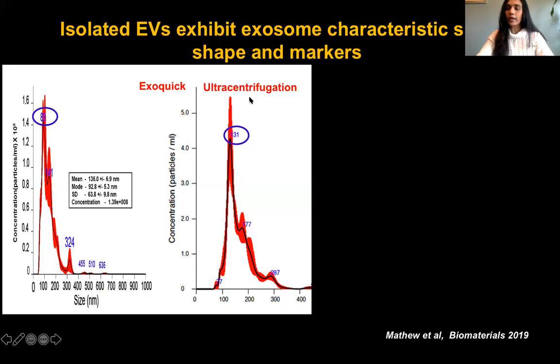One method of characterization is analysis of their size. Here we use a NanoSight, the machine that can tell us the size of these particles. In this first histogram, which is our method of isolation, you can see that the modal size of the particles is 8 to 9 nanometers, which confirms the majority of our particles fall in the range of exosomes, and there are very few larger particles.